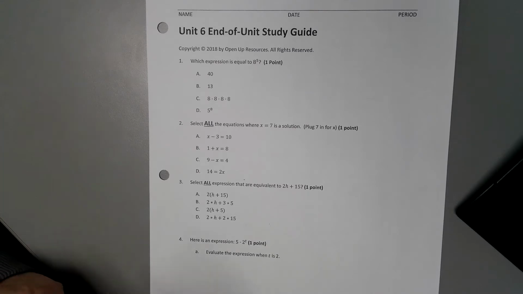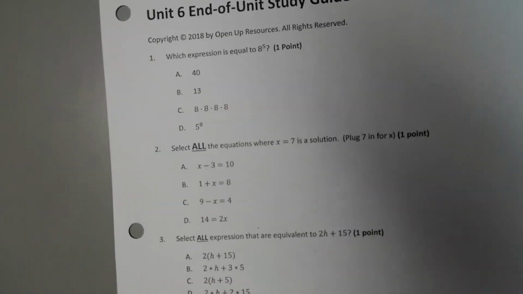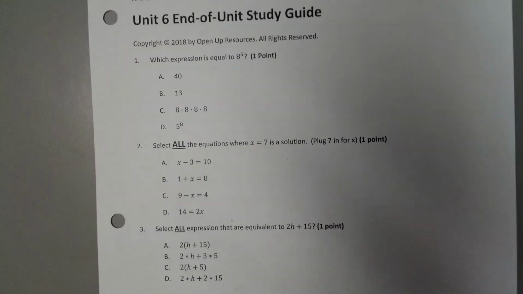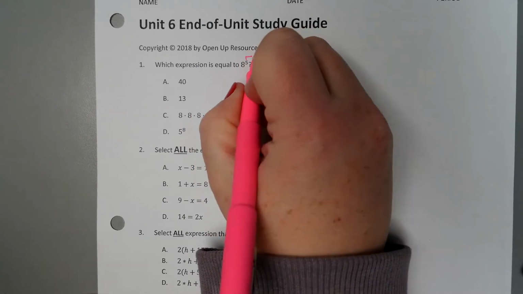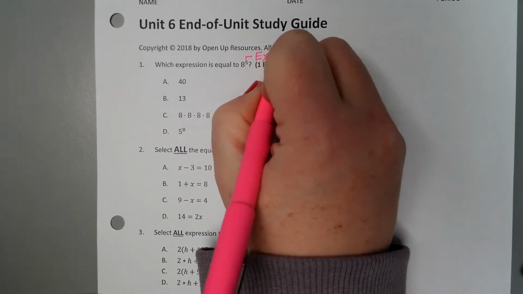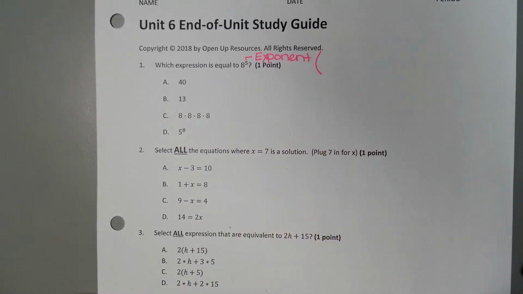So we have: which expression is equivalent to 8 to the power of 5? Well, this is our exponent, and it tells you how many times to write the base.